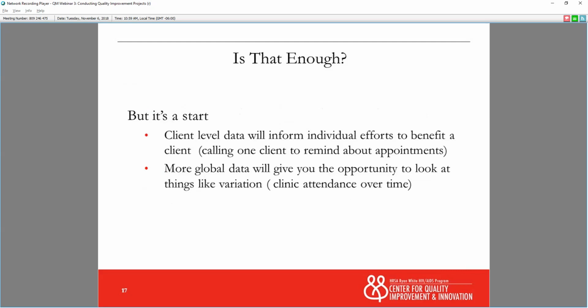So again, it's a start, okay? This client level data that you've drilled down is going to inform your improvement ideas. Yes, more global data will give you the opportunity to look at things like variation. It exists. It's pretty interesting how it gets buried sometimes in your data results, especially in things like viral load suppression or any kind of run chart over time.